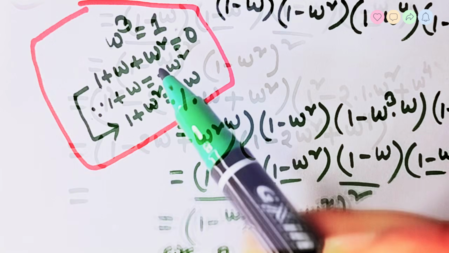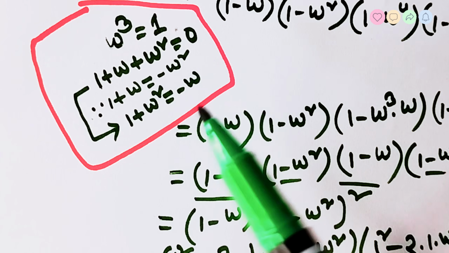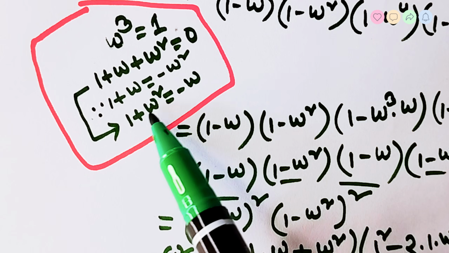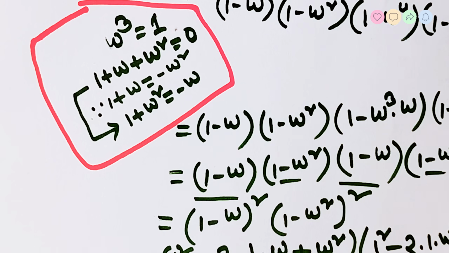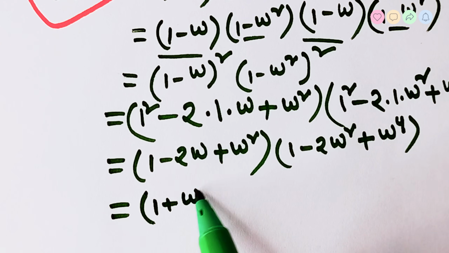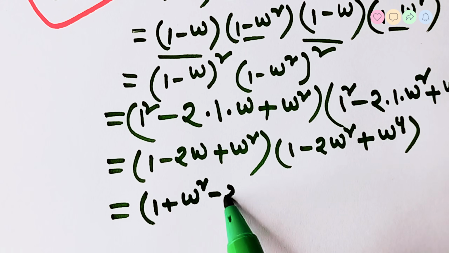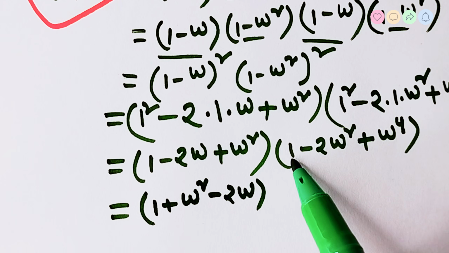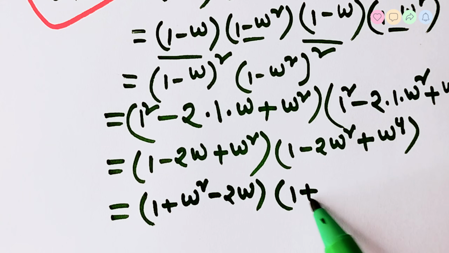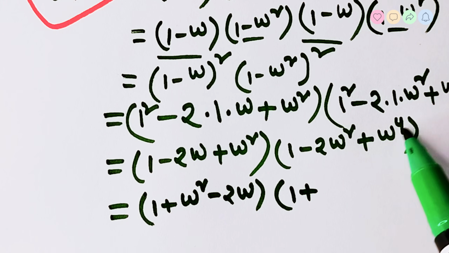Now see that carefully. 1 plus omega is minus omega square, and 1 plus omega square is minus omega. So we have 1 plus omega square minus 2 omega. Similarly, here we can write 1 plus omega to the power 4.